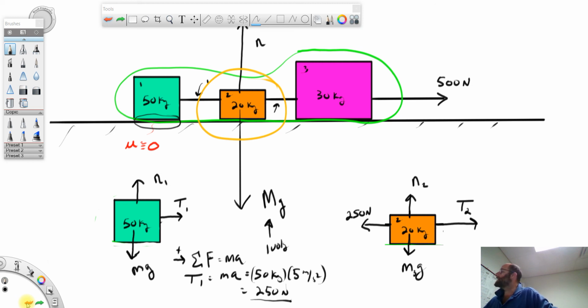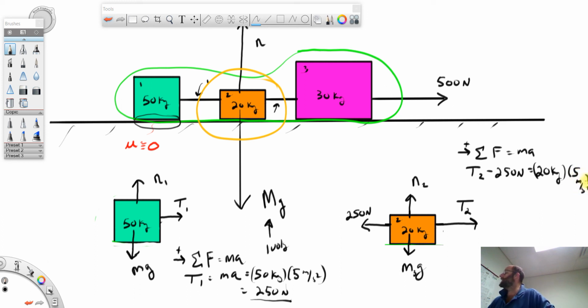Then we can write a Newton's second law equation for it. Sum of all forces equals mass times acceleration. Might as well do right positive because that's the way this thing's accelerating. Tension 2 is to the right, minus the 250 newtons to the left, equals m, the mass of the system, that's 20 kilograms, times a, the acceleration of 5 meters per second squared.